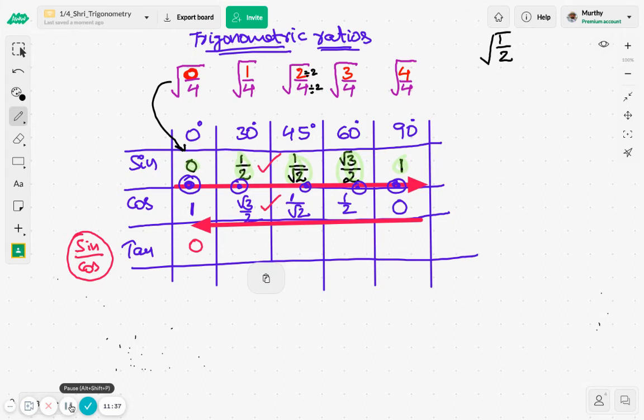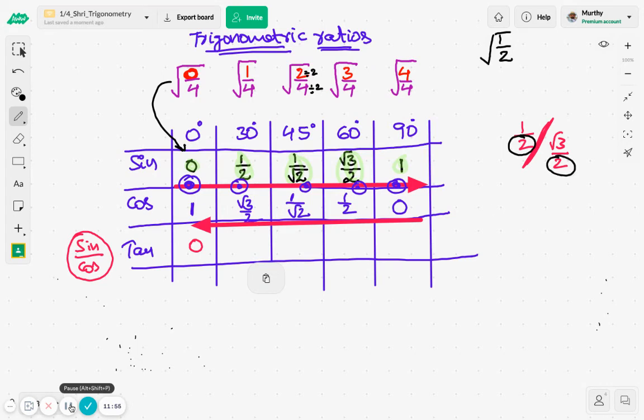I would say that simply you cancel. I see that 1 over 2 divided by root 3 over 2, and simply you cancel both the denominators, I mean 2 and 2, because they are the same.